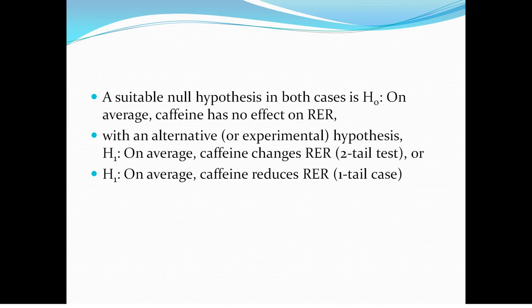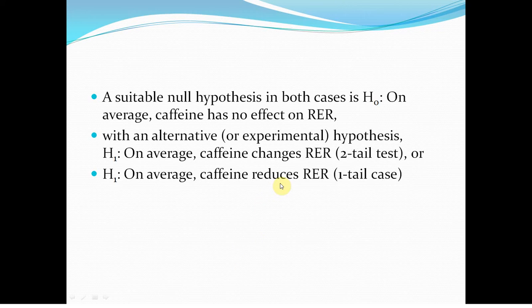And in this one here, there's two possible outcomes. We mentioned before we could have a two-tailed test or a one-tailed test. So if it was a two-tailed, we could say caffeine has no effect on RER, or that it would increase RER or lower RER, or we could have a one-tailed test.